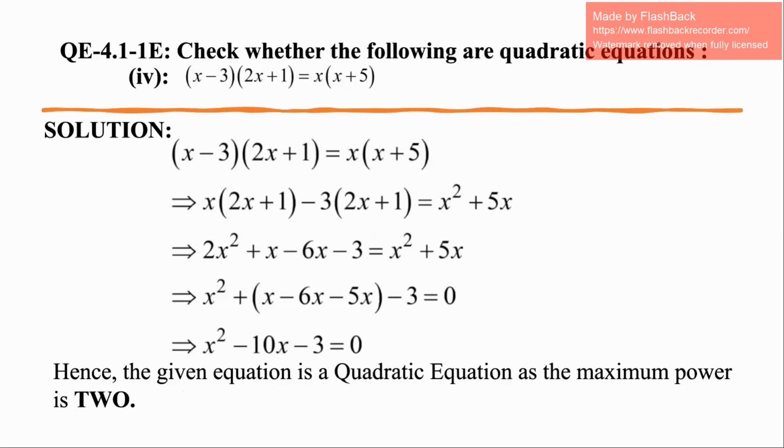Now come to the next question, question number 4. Here also two products are given, on the left hand side and the right hand side. On the left hand side it is given the product of x minus 3 and 2x plus 1. On the right hand side it is given the product of x and x plus 5.